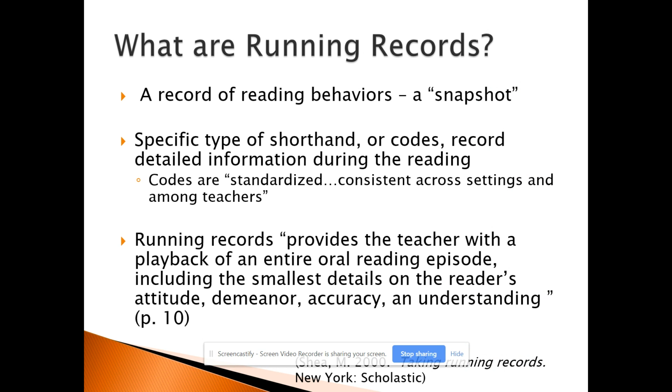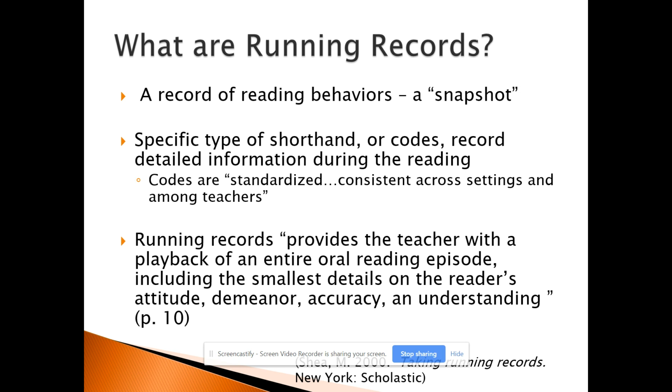Running records are a snapshot of a student's reading behaviors. This is done by giving a student something to read, and the teacher then documents, using a specific type of code or shorthand, details of what behaviors the student is exhibiting while reading.